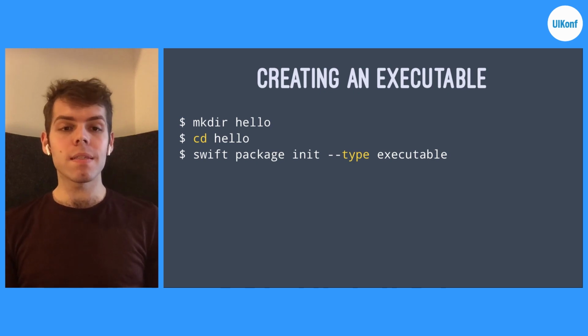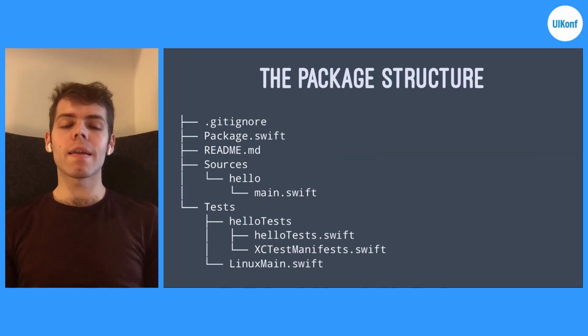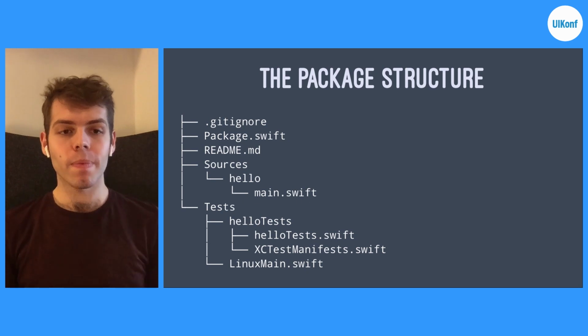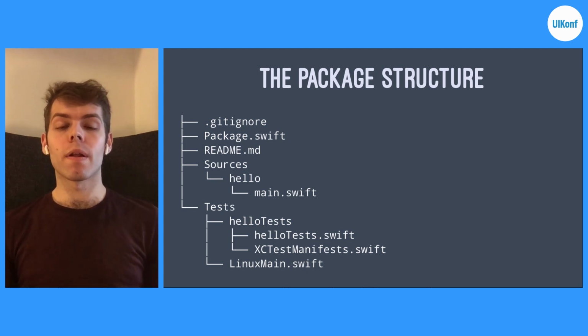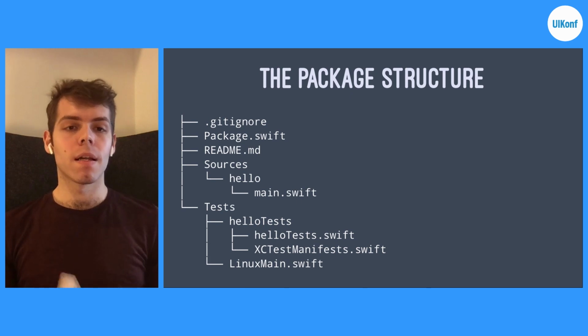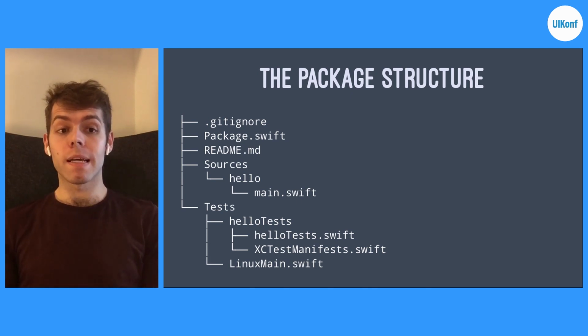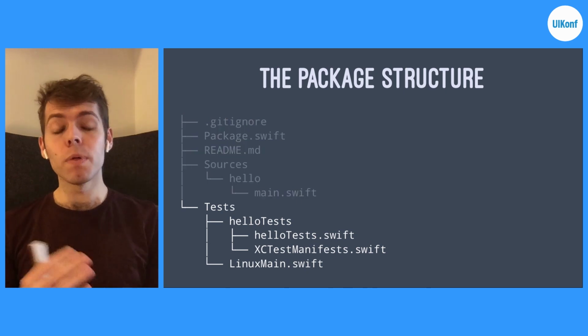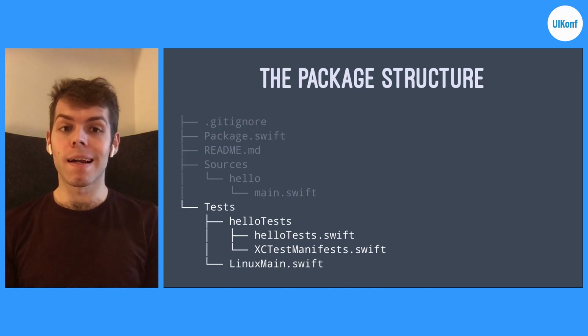And once we do this, we have all our package structure already there in the folder. In case you are already familiar with Swift package libraries, this is nothing new. But just to be sure that everybody's on the same page, let's have a rundown on how this works. From bottom to top, we have, first of all, the Tests folder, which will contain all our test targets.